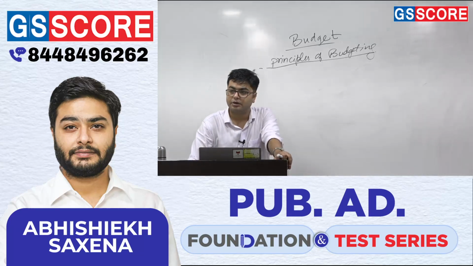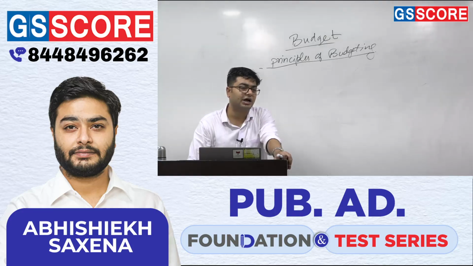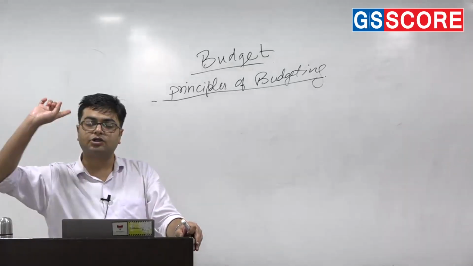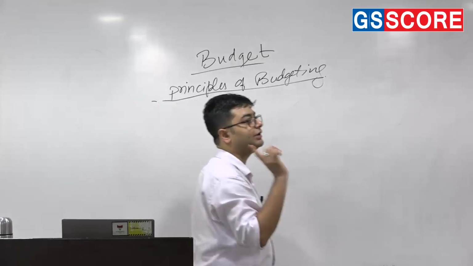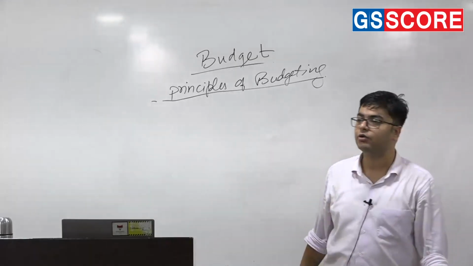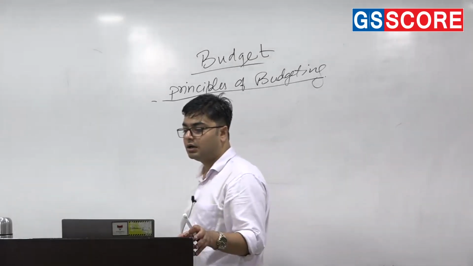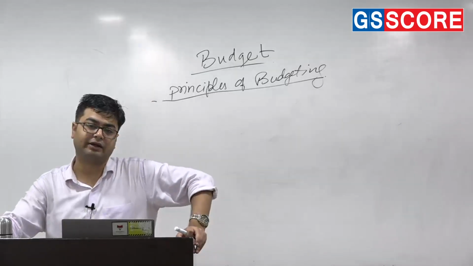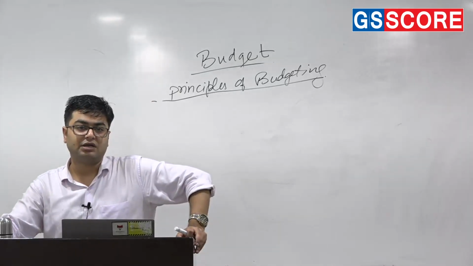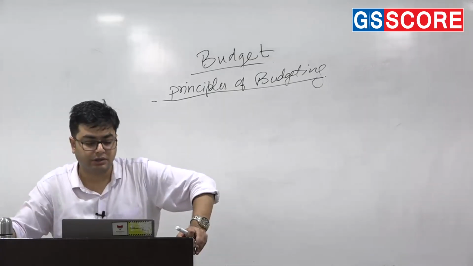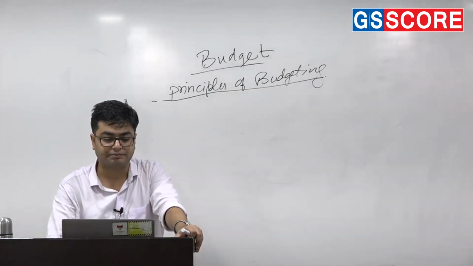Also, between budgeting, accounting and auditing, there should be a harmonization of standards. Otherwise, how will you actually evaluate what your budget is doing? The heads, the standardization, the record keeping should be there.